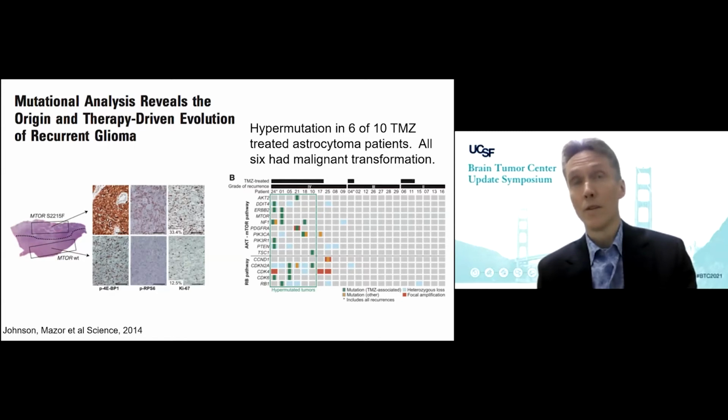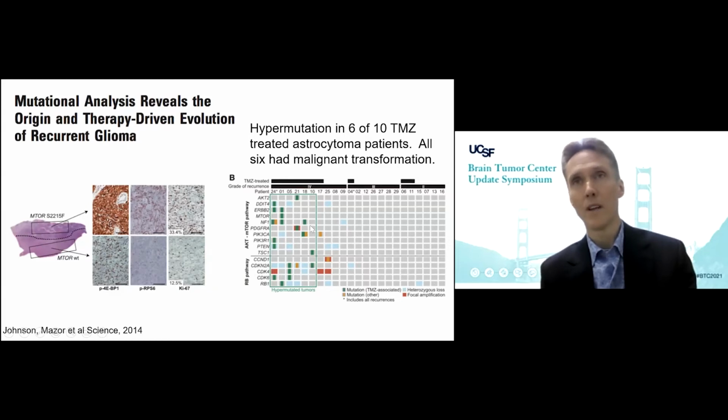We also wondered whether they could be causally related. And so panel B that you're seeing on the right side, bottom, illustrates one of the pieces of data that made us suspect that they might be causally related. And that is the 2 pathways that we know are required for a slow-growing low-grade glioma to become high-grade are the AKT-mTOR pathway and the RB cell cycle control pathway.